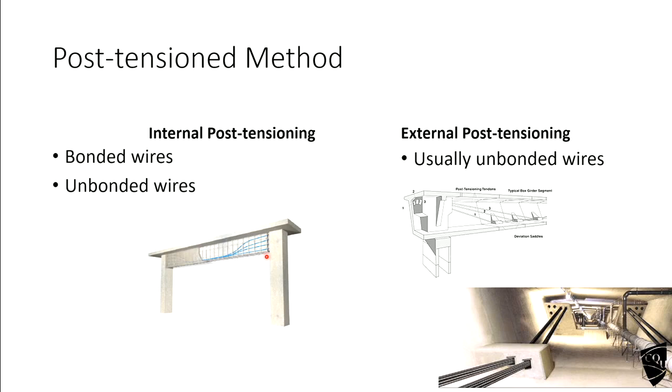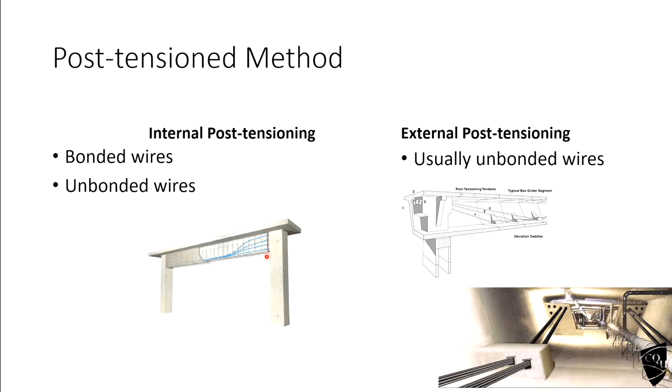If it is unbonded wires or unbonded tendons, the steel wires and concrete sections are not fully bonded, so the strain equilibrium may not work at a particular cross section. What does that mean? Our analysis becomes more complex compared to bonded wires or the pre-tension one. Pre-tension is always inside and bonded.